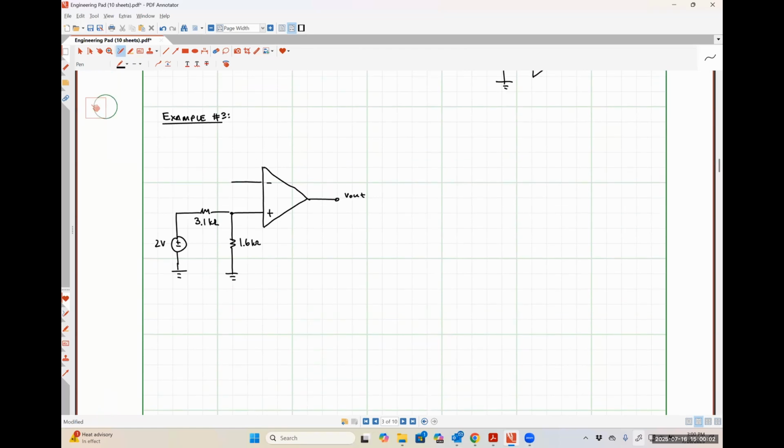On the inverting input side, starting with my feedback path, let's put a 4.5 kilo ohm resistor. Let's make this a 1 milliamp source pointed out.